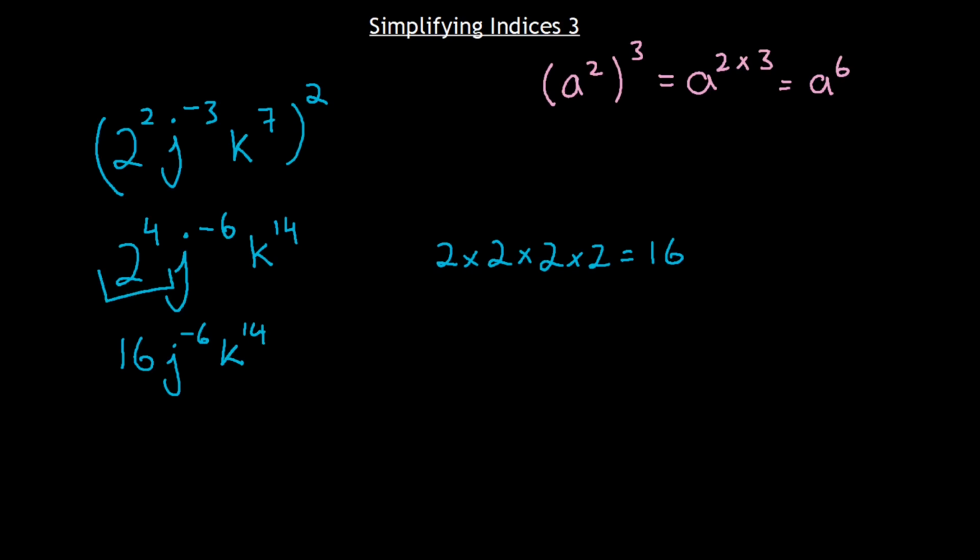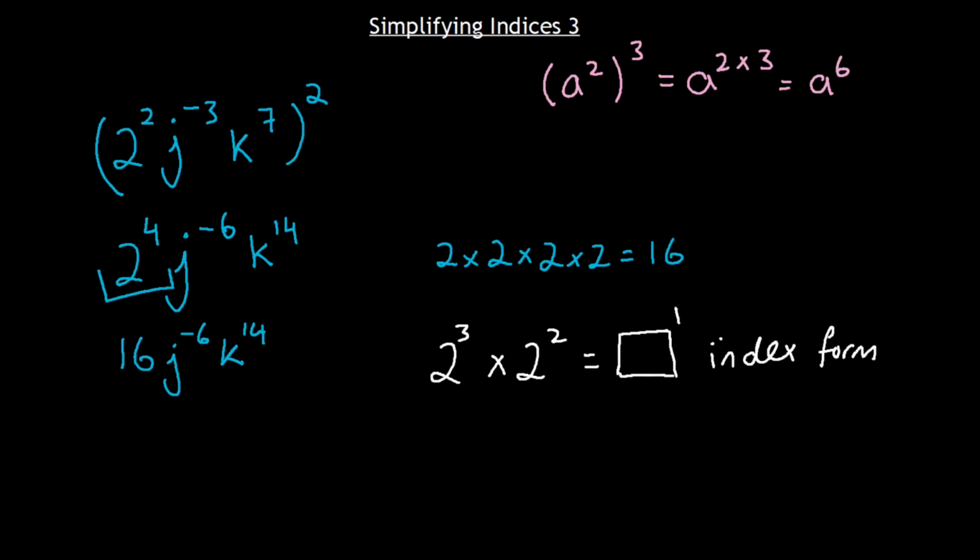Well, if the question explicitly tells you that, say you were given 2 cubed times 2 squared, and you're asked to work out what the answer is and leave it in index form, then you would leave it in this format where you have something to the power of something.